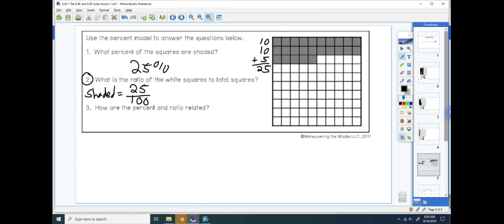So if there are 25 shaded squares, I can do 100 minus 25, which is 75. So I have 75 white squares left over, so it'd be 75 out of 100. I apologize. That's the reason why reading is very important, and going back and checking to make sure you did it right. All right, let's go to the next page.